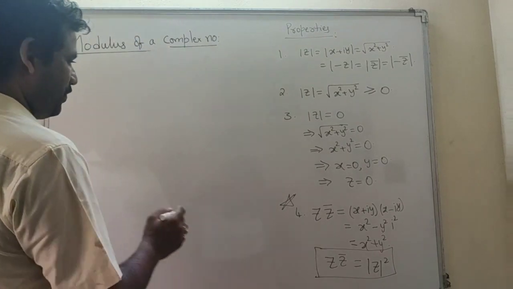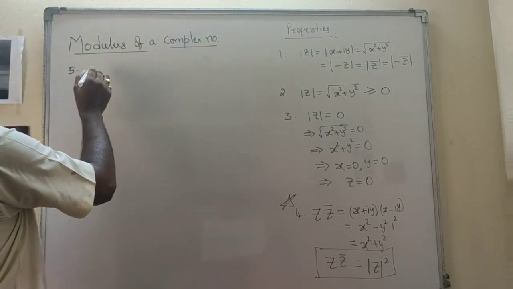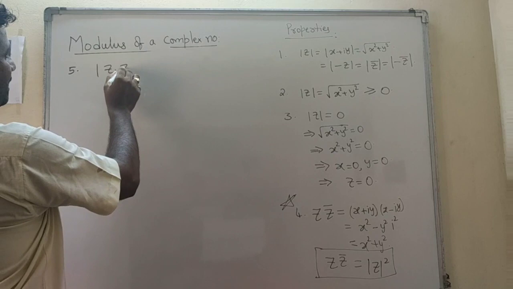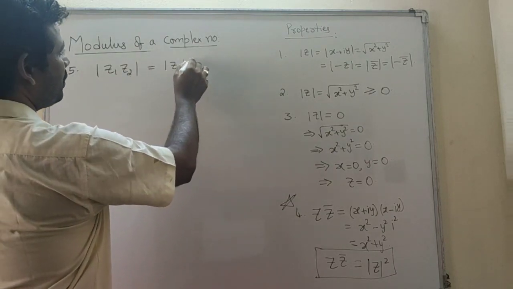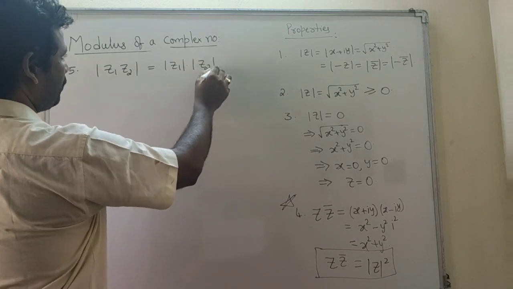Right students. Next, the fifth one: mod of z1 z2 is equal to mod z1 into mod z2.